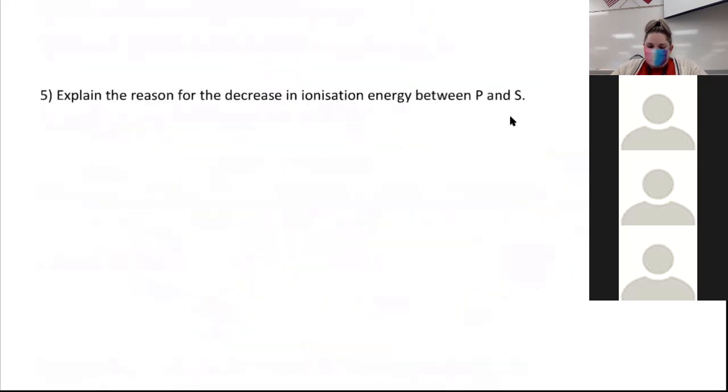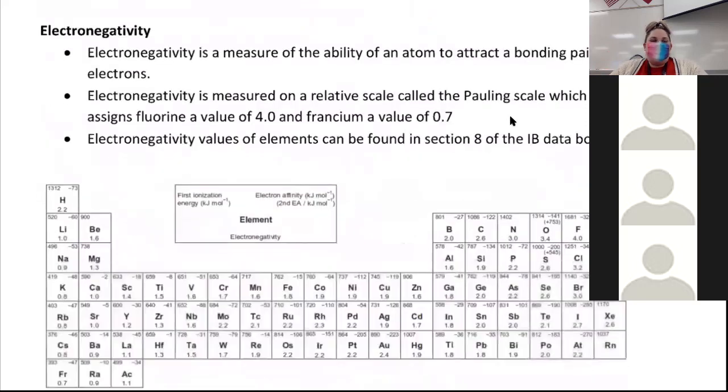I'm going to go down here so we can do our other two trends. The other two we're going to talk about today, starting with electronegativity, which determines what kind of bonds we make. Electronegativity is a measure of the ability of an atom to attract a bonding pair of electrons.